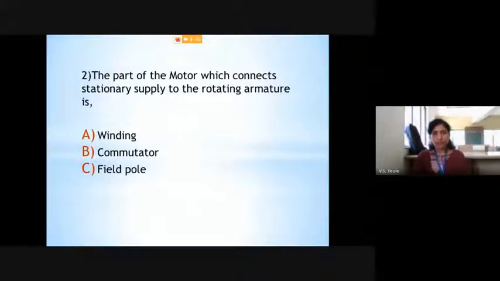Next one: the part of the motor which connects the stationary supply to the rotating armature is? Which is this part of the motor which connects the external supply to the rotating part?